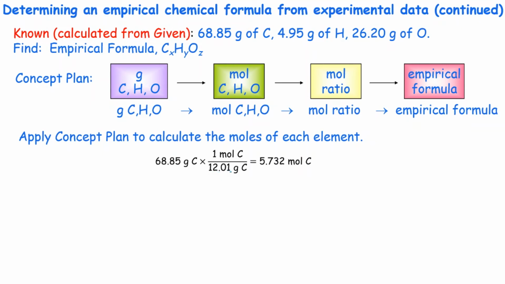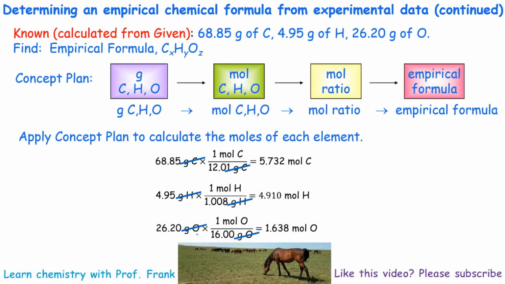Molar mass, again, is the mass in grams of 1 mole of that substance. In this case, the substance is just carbon atoms. Now we have this many moles of carbon, and as you can see, grams are cancelled. We do the same for hydrogen and for oxygen. So now we have the number of moles for each of the 3 elements.